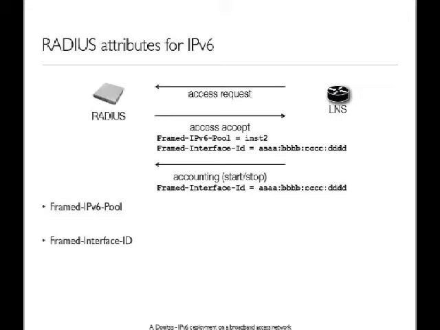And the access accept contains these two attributes. For example, Framed-IPv6-Pool is the pool of institution number 2, and then the Framed-Interface-Id is a specific 64-bit address. And then the LNS, at least on our IOS version, which is, if I remember correctly, 12.3, includes the Framed-Interface-Id also in the accounting start and stop messages which are sent by the LNS to the RADIUS server.